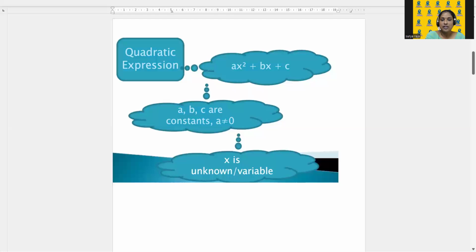As I told you, we are going to factorize a quadratic expression. Before we start, we should know a few things about an algebraic expression. See, in algebra, what is an expression?